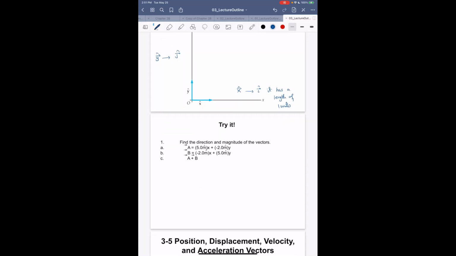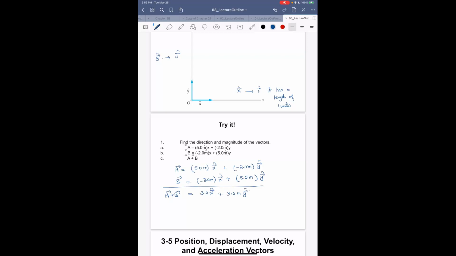Then I will say if I have A equals 5 meters x plus minus 2 meters y, and B is negative 2 plus 5, then simply when you add A plus B it is going to be 5 minus 2, 3, and negative 2 plus 5 is going to be 3 again.